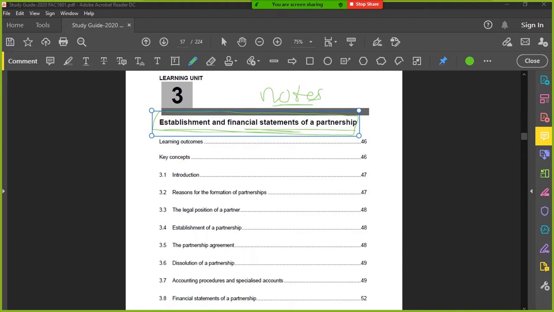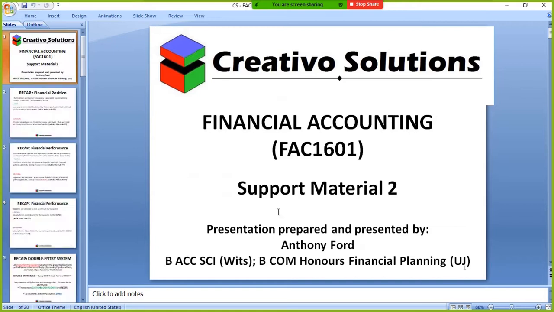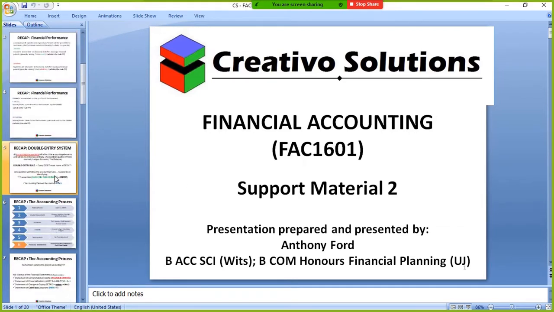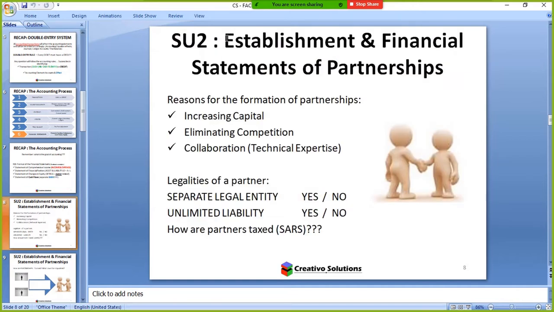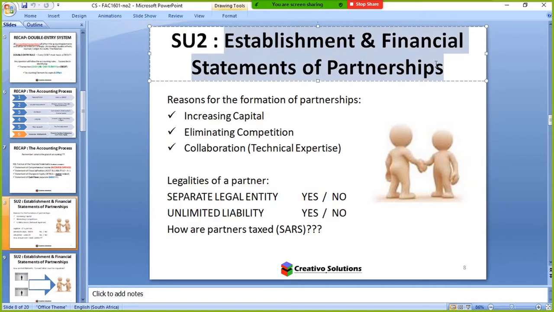Yeah, here's the PowerPoint. This is it. Support material 2 is looking at the establishment of financial statements of partnerships. That's what we're looking at currently.